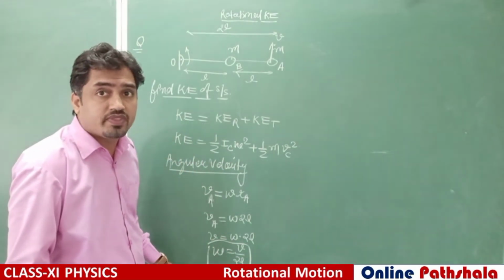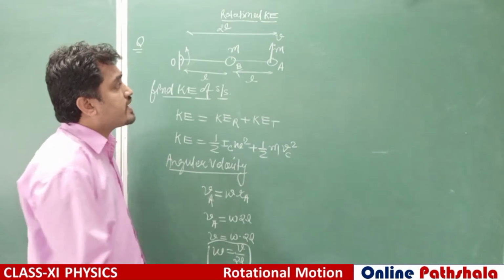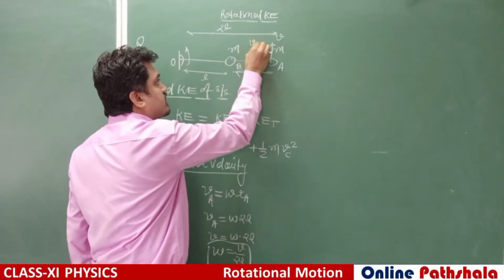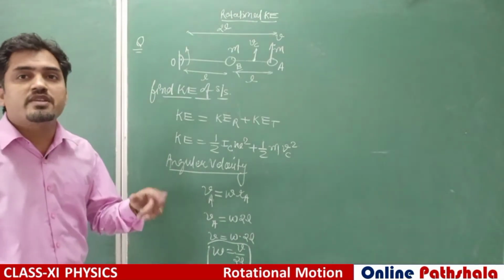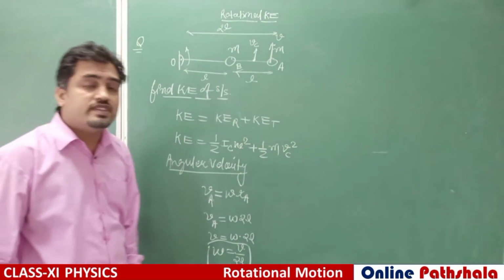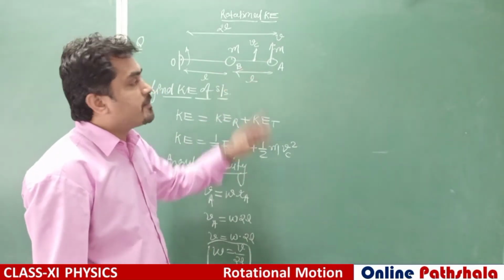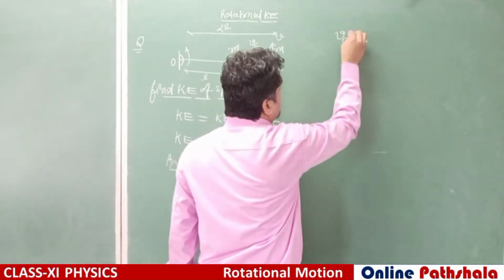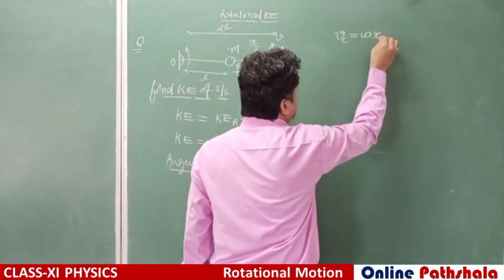Now, if you want to find the center of mass, where should the center of mass of this system be? It will be the midpoint, because the masses are equal, at the midpoint of the two masses m and m. Now the velocity of center of mass is equal to omega into position of center of mass.